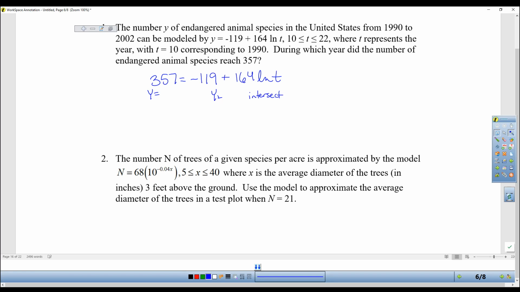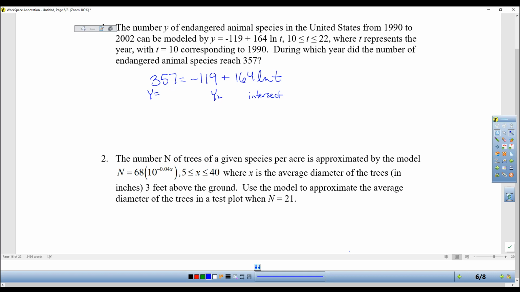That's a great method for solving. But some people don't like it because they can't get a good window. So if you do it that way, remember that your x-min, I still start at 0, even though I could start at 10, and go all the way up to 22. And for your y values, you need to go up to at least 357. But again, so you can see it, I'd probably go up to 400.